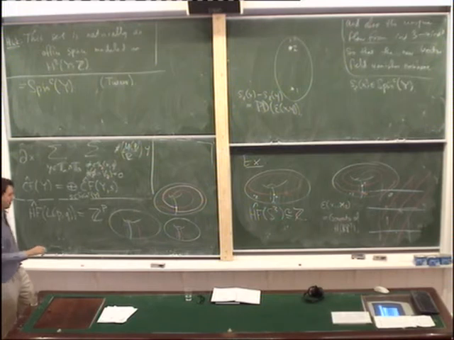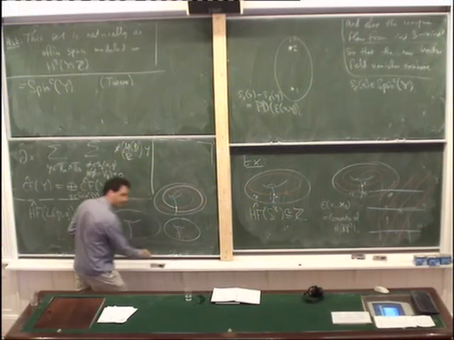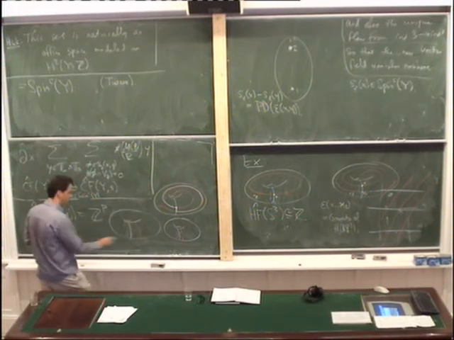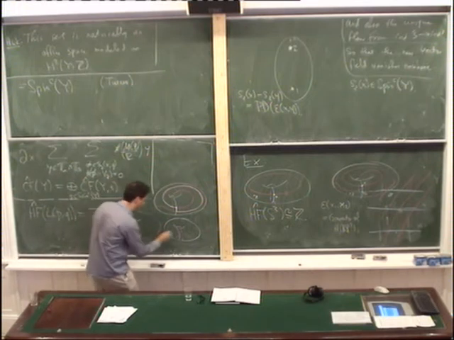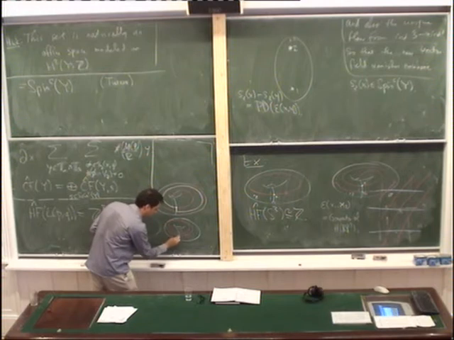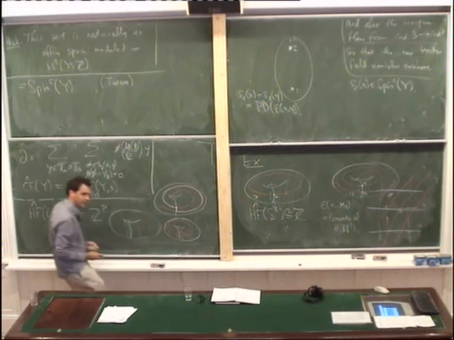If you take this curve all the way around like this, you get 2 different equivalence classes.